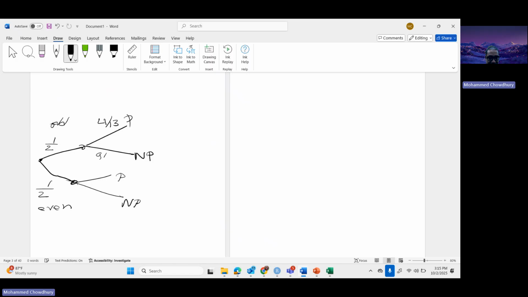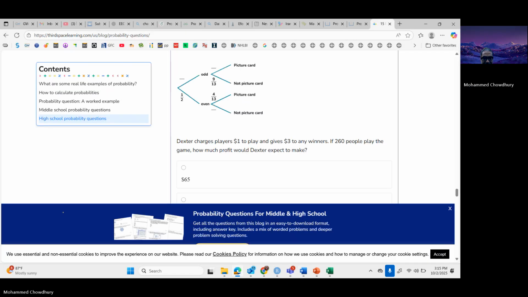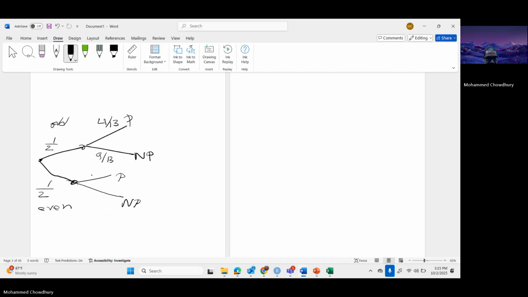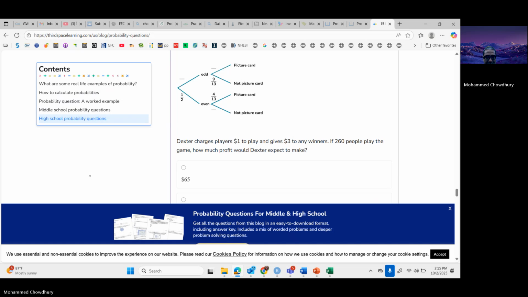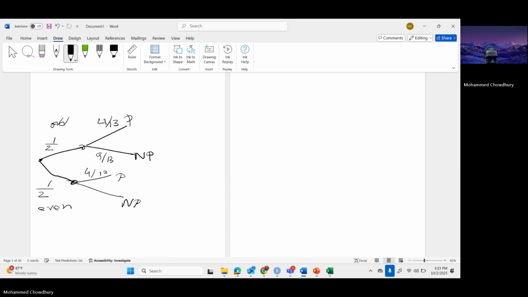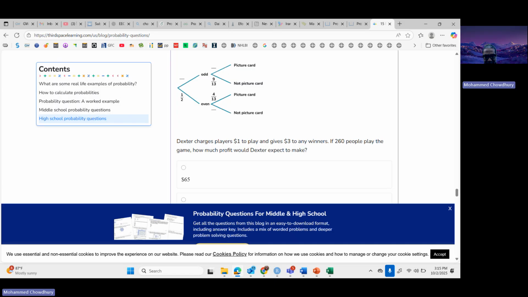This is over 13. Four over 13. 9/13. So then we have to incorporate the money.